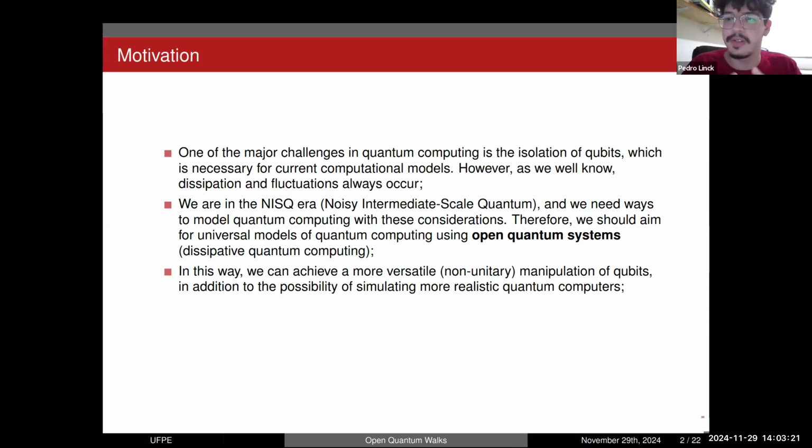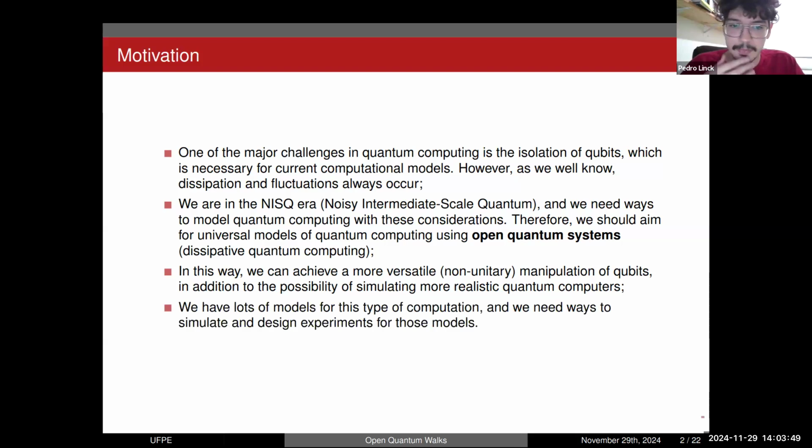We are not dealing with a unitary evolution. We are dealing with a more general type of matrix, which is called Kraus operators. And of course, we have the possibility of simulating quantum computers and operations more realistically, not so ideally using unitaries, but using this other type of operators.